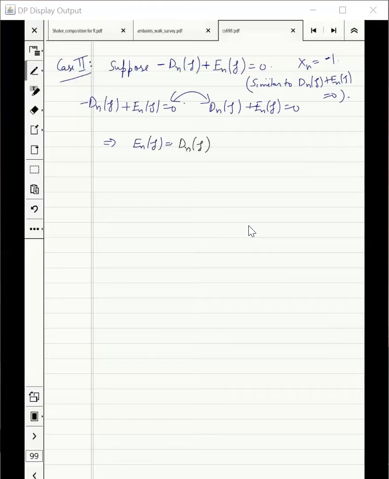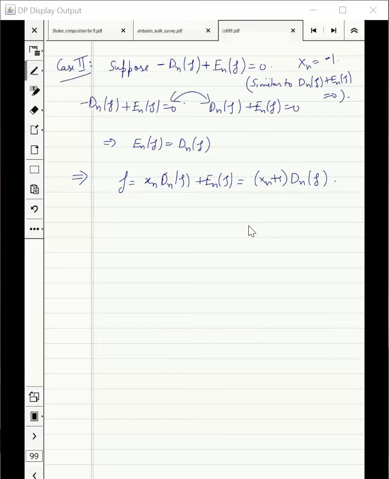This implies f is xn plus 1 times DNF. Sounds good? Yes. This is simple because ENF is equal to DNF.